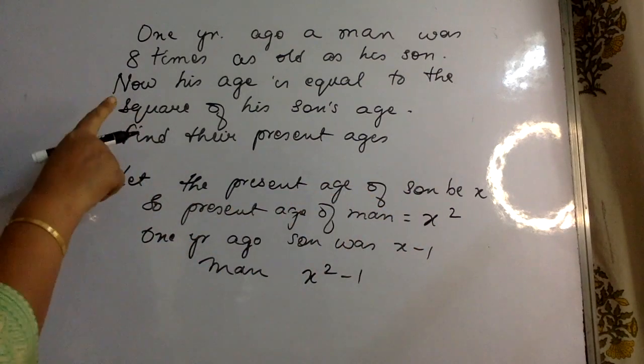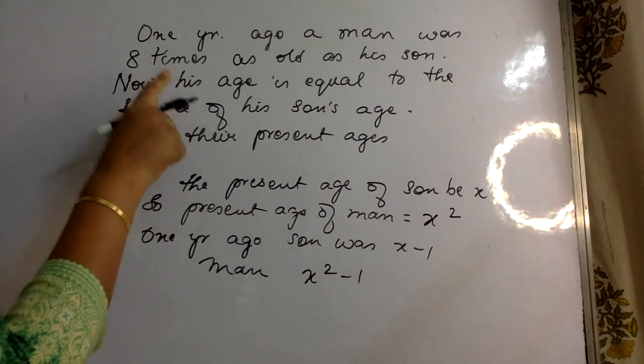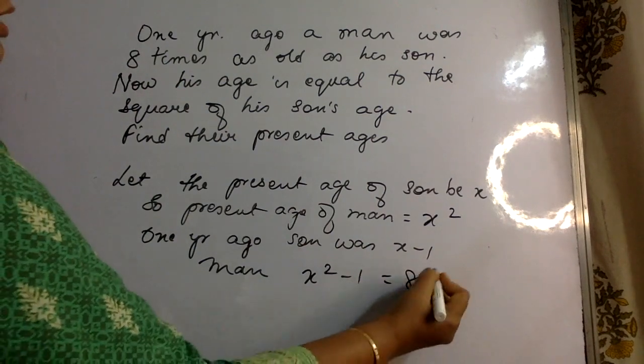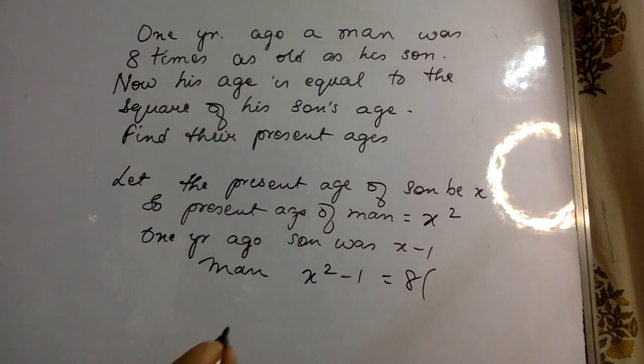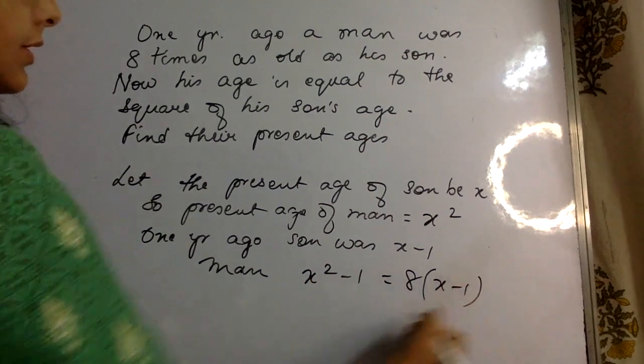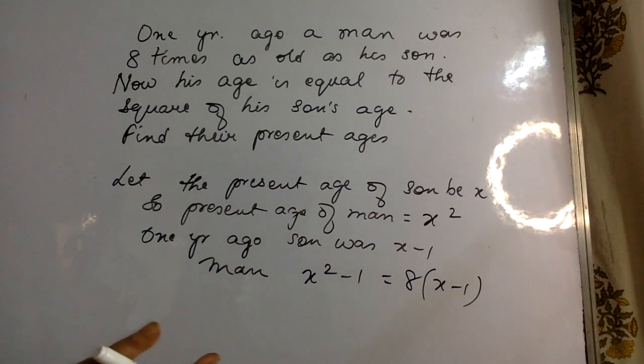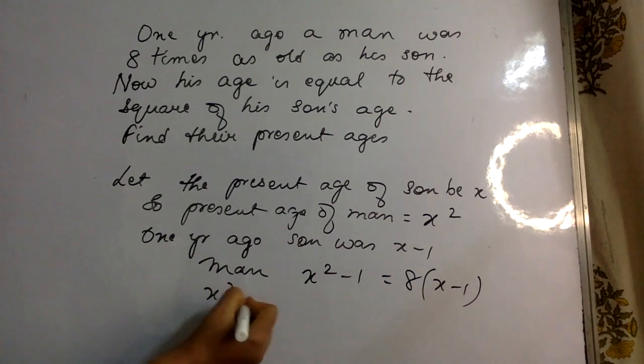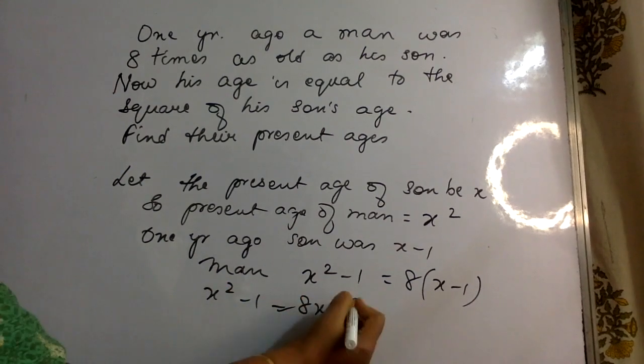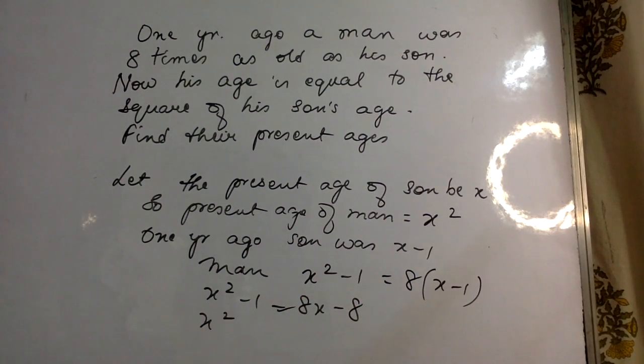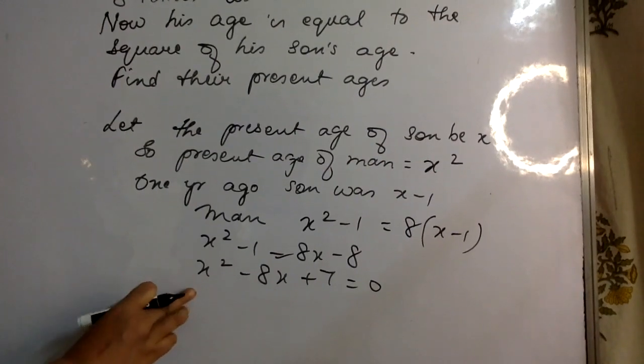According to the condition, x square minus 1 was equal to 8 times as old as his son. So this is our equation. x square minus 1 is equal to 8x minus 8, so x square minus 8x plus 7 is equal to 0. This is our wanted equation.